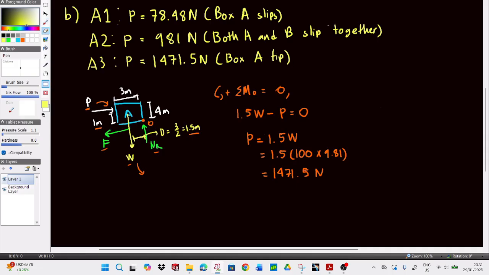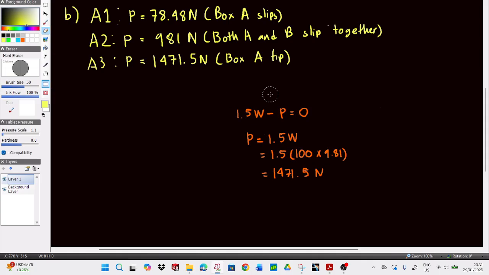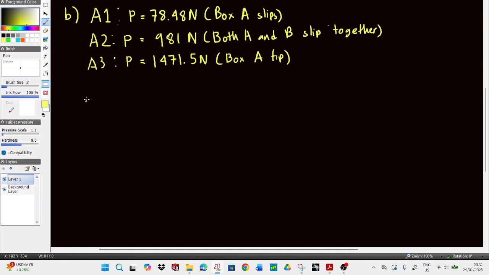Now we're coming down to our last assumption. Assumption number 4, basically, is the case when both the boxes were tipped. So basically, both A and B will tip.